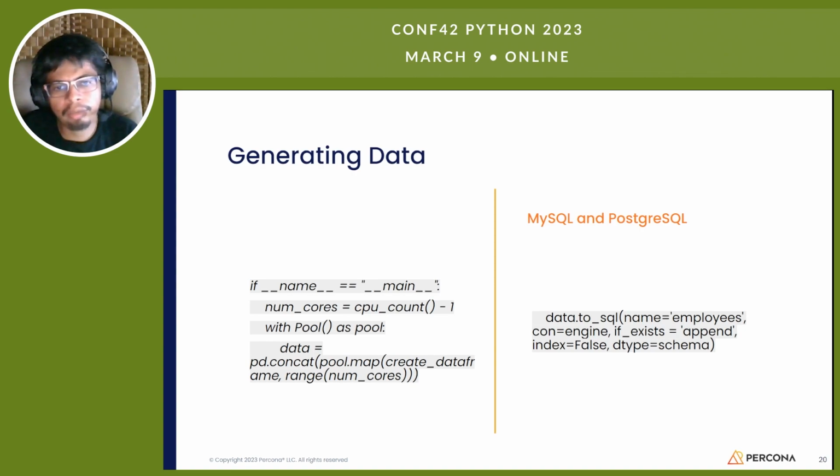We need to specify the name of the table where that information will be stored, the database connection information, and if that data exists, we will append that data. We can change that later. And also we need to specify the schema, the one that we defined before, so that pandas knows where to insert all the information.